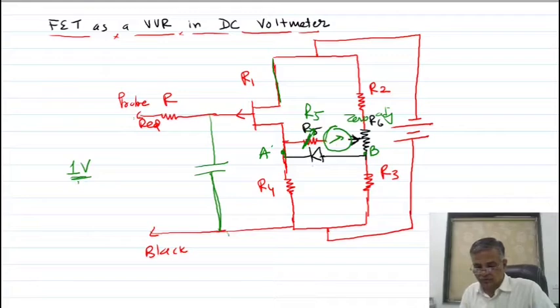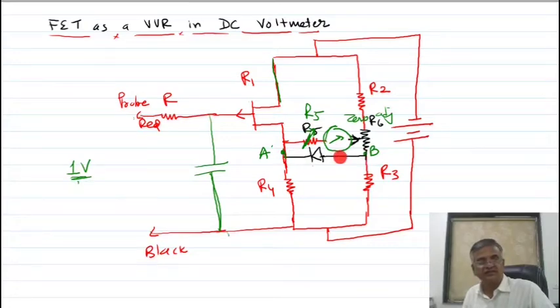Now, suppose someone says, sir, by mistake, instead of 1 volt, you have connected 10 volt here, then what will happen? If you have connected 10 volt here, then this meter will be damaged. So to avoid that problem, this diode is connected here. If by mistake you have connected 10 volt, then excessive voltage will pass through the PN junction.